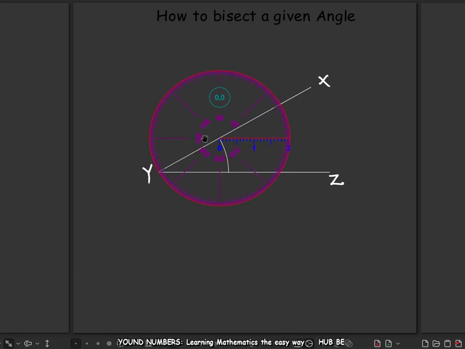That is the point it touches our line. You see? And then you open the radius of your compass and draw an arc. And then with that same radius, we stand at the other end and draw another arc to touch the previous arc we drew. You do that nicely, as you see over here.